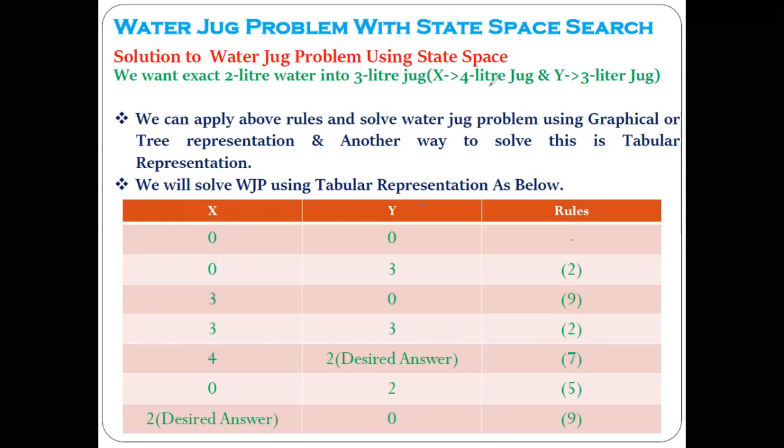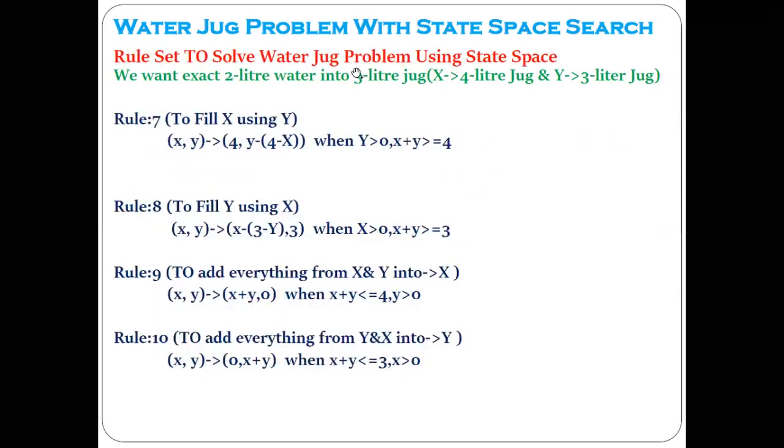So see what rule number 7 is. Here you can see rule number 7, to fill x using y. So what you have to apply is this rule: x comma y implies 4, y minus (4 minus x), when y is greater than 0 and x plus y is greater than or equal to 4.